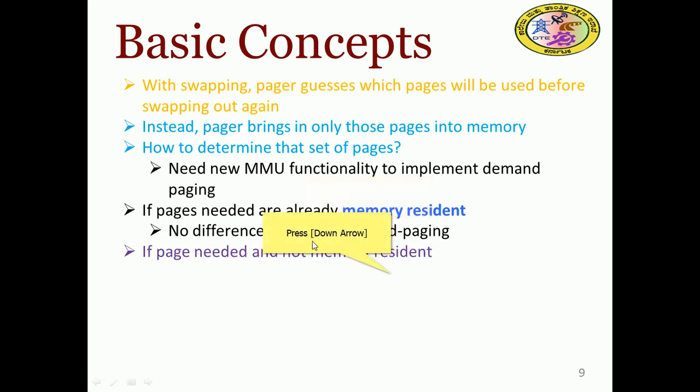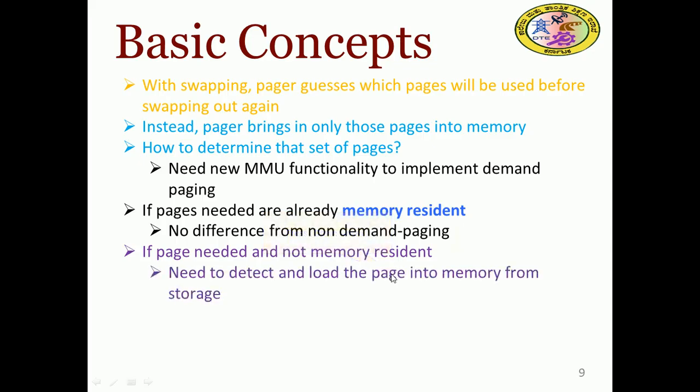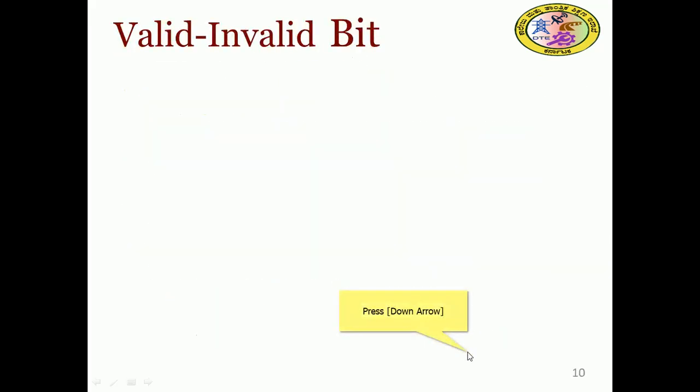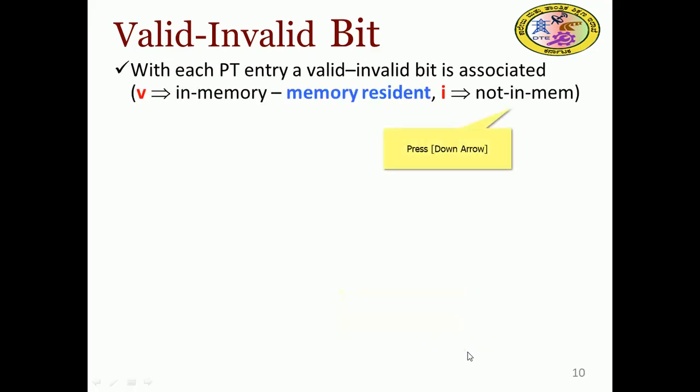If pages needed are not available in memory, we need to detect and load such pages from storage to memory, without changing the program behavior and without the programmer needing to change the code. It happens automatically. So valid and invalid pages.